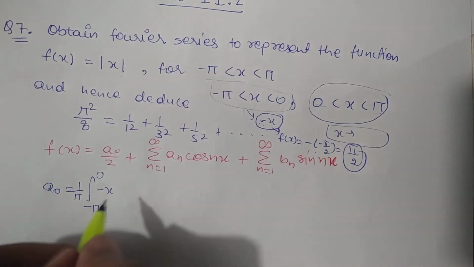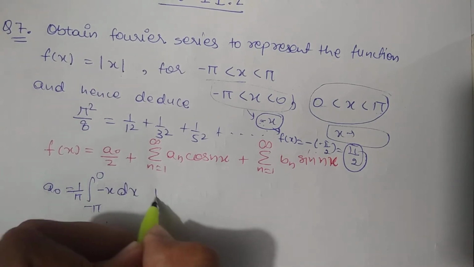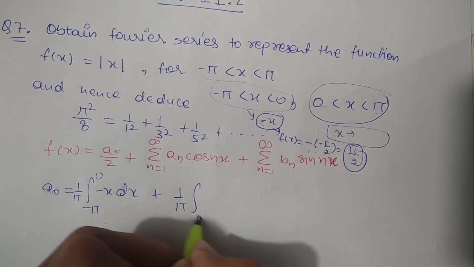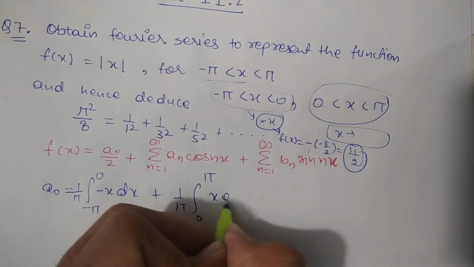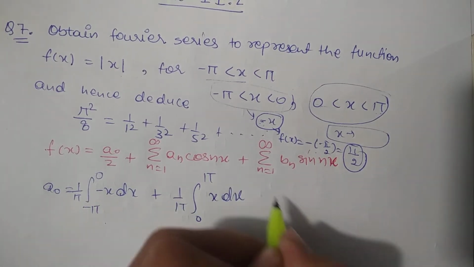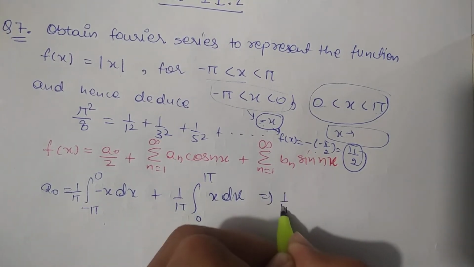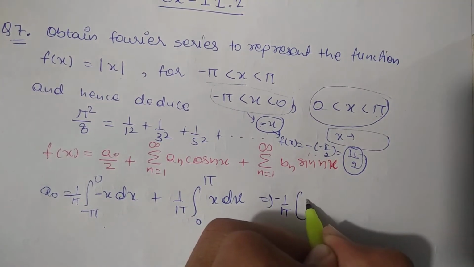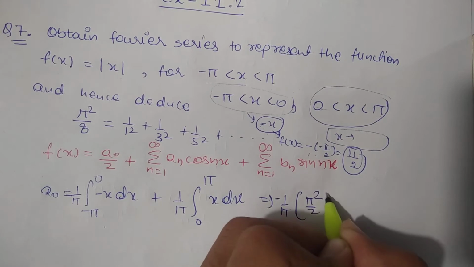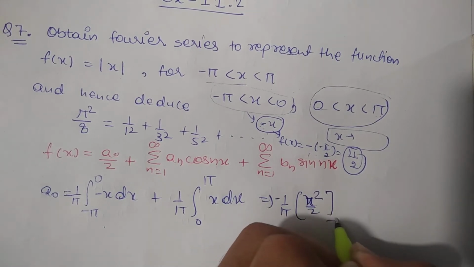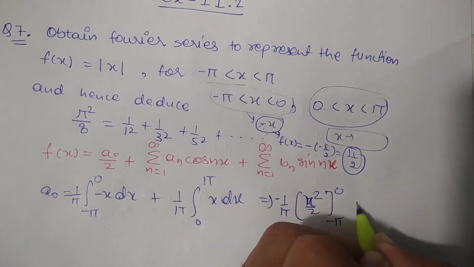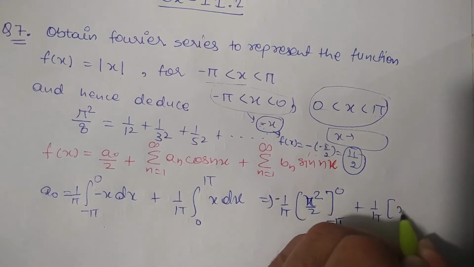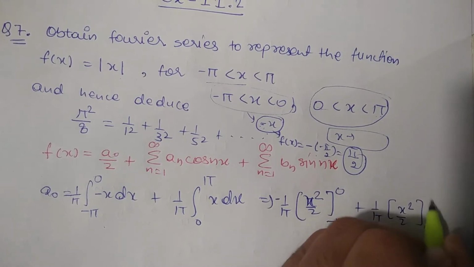Then integrating, we have 1 by pi, minus, the integral of x dx from minus pi to 0, that is x square by 2, plus 1 by pi, x square by 2 with limits from 0 to pi.